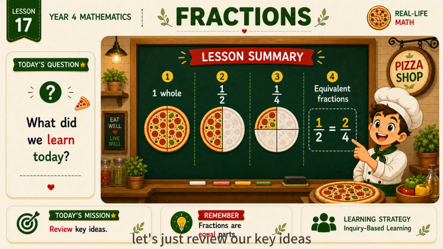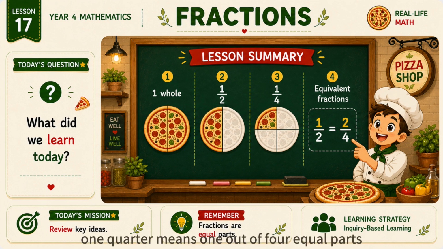Let us review our key ideas. One whole means one complete object. 1/2 means 1 out of 2 equal parts. 1/4 means 1 out of 4 equal parts. Equivalent fractions can show the same amount, such as 1/2 and 2/4.